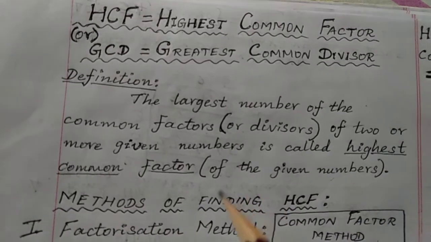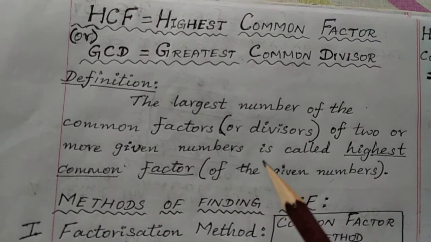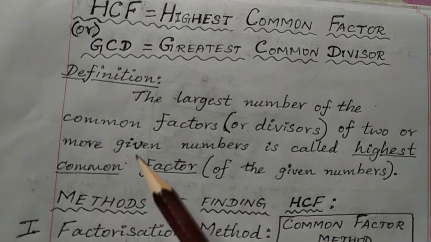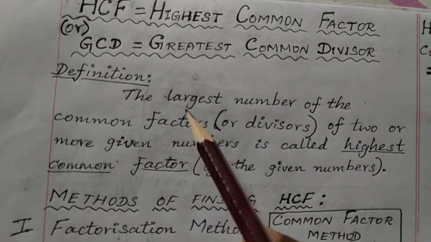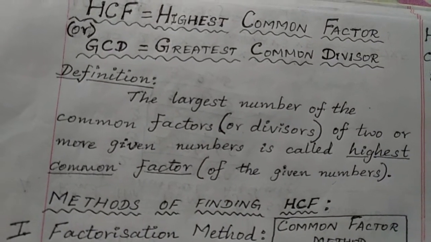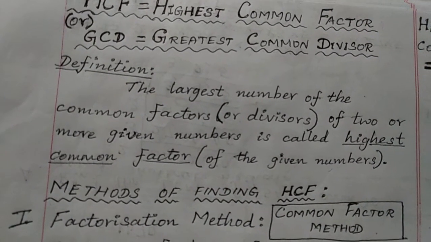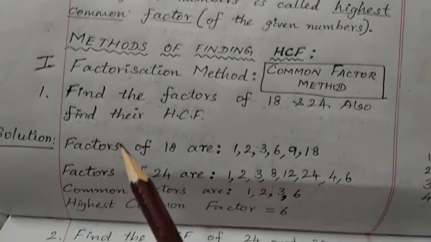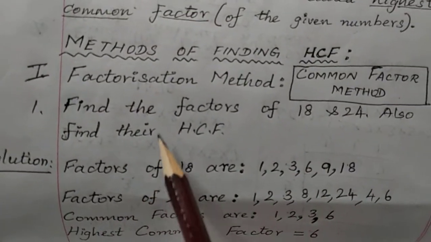If you are given two or more numbers, you have to find the factors of the given numbers individually. Then you have to find the common factors of them. Then the largest number among them is the largest common factor or highest common factor. You can easily understand if you are dealing with an example.